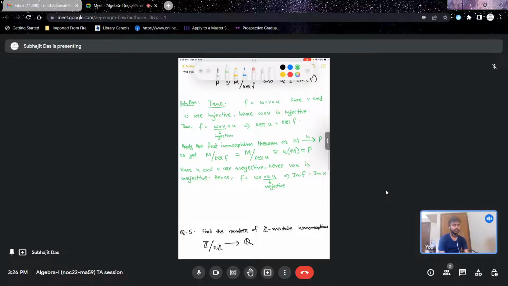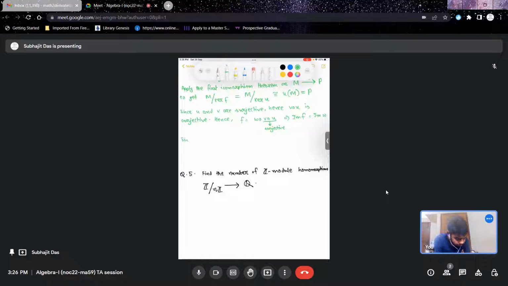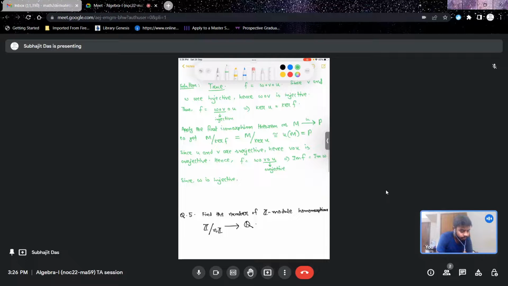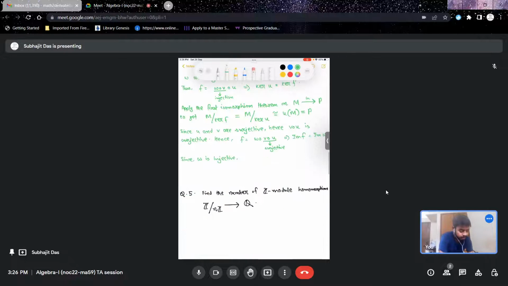And finally, since W is injective, we know that W is a mapping of Q into N, and moreover that W is injective, which means that Q is isomorphic to W of Q.